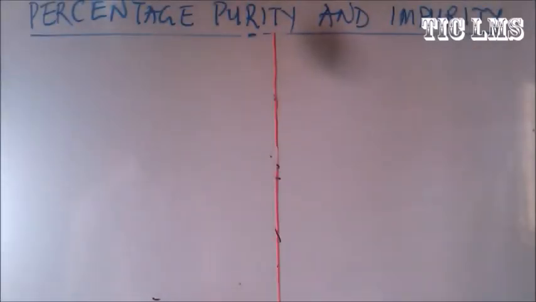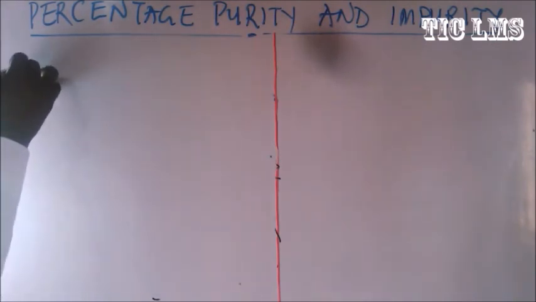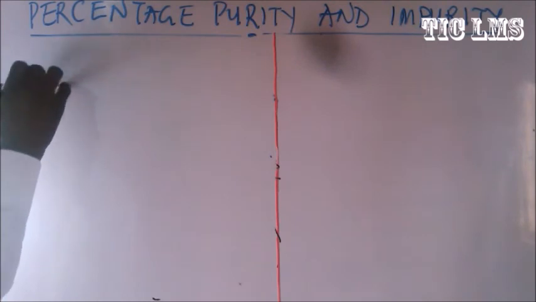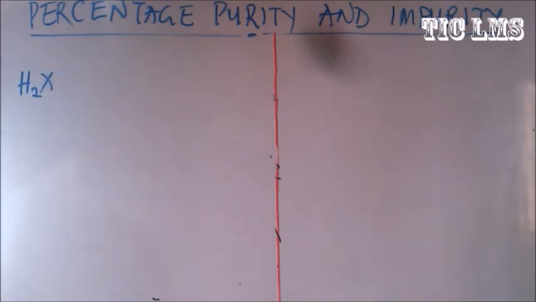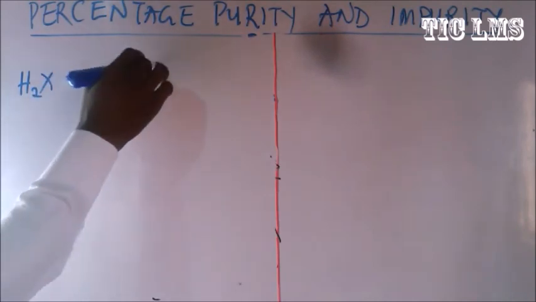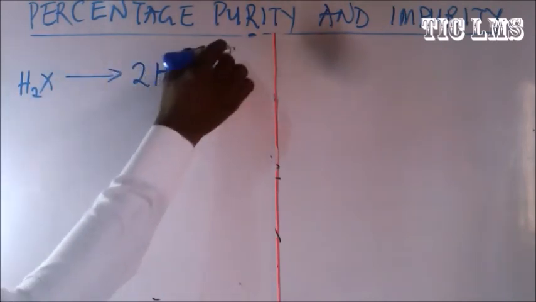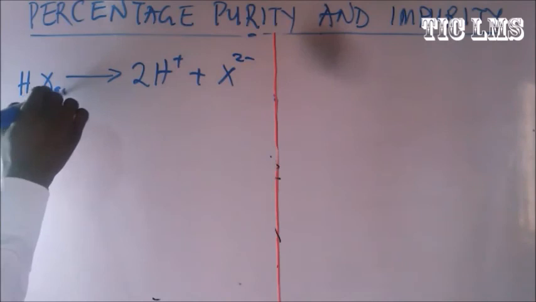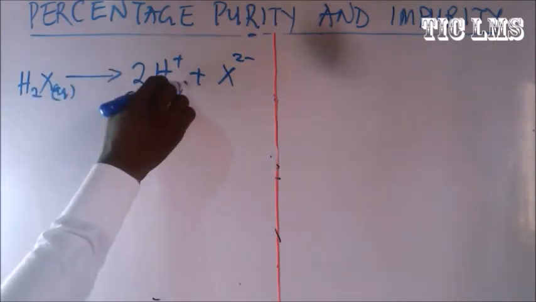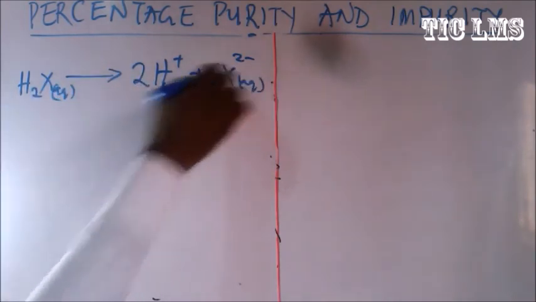Alright, so we were told that we have a dibasic acid, meaning that it has 2 hydrogen. So we can have it as H2X, let's make it X, was dissolved in water. So when it was dissolved in water, you have 2H plus and X2 minus, both aqueous.